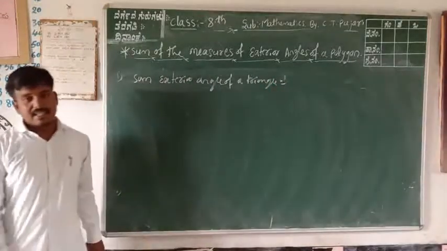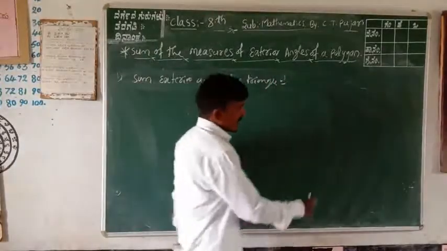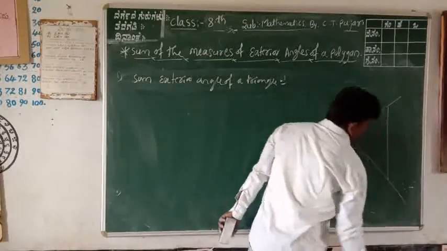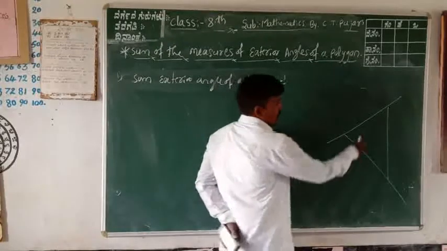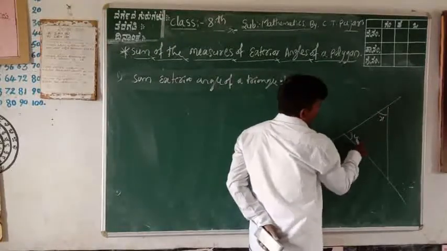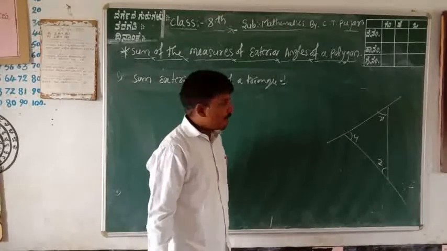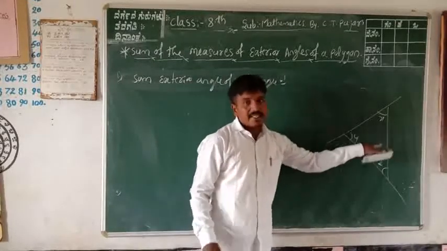In a triangle, x plus y plus z are the interior angles, and the sum of the interior angles is 180 degrees.